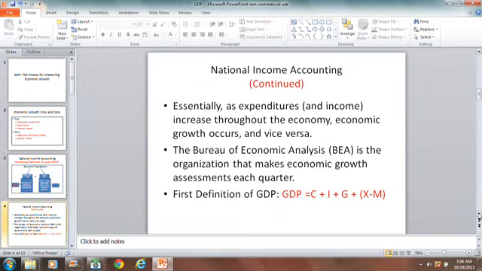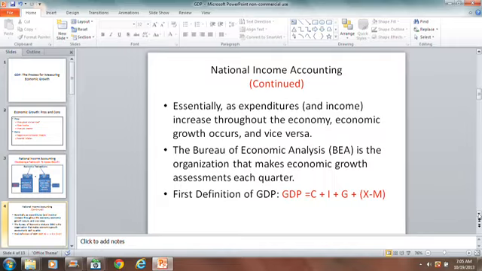Now, when you are looking at, as I just mentioned, the expenditures and the income approaches, as those expenditures change, as income changes, it will tell us whether the economy is growing or shrinking. And the organization that has the responsibility of doing this assessment is the Bureau of Economic Analysis.